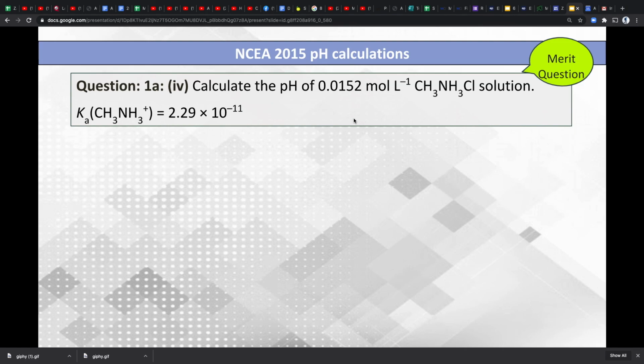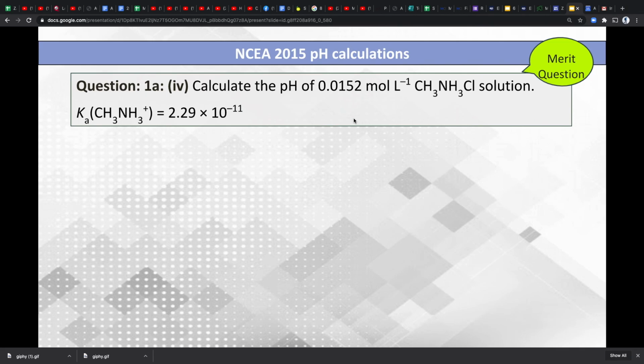It has to be. And we know the concentration of, well, we know the concentration of the ionic compound, but it's dissociated in a 1-to-1 ratio. So that allows us to know right away the concentration of this species, right? It's the same. And even though some of it dissociates, so the concentration isn't quite 0.0152 anymore, we can assume that so little actually did dissociate that at equilibrium it's still pretty much the same concentration.